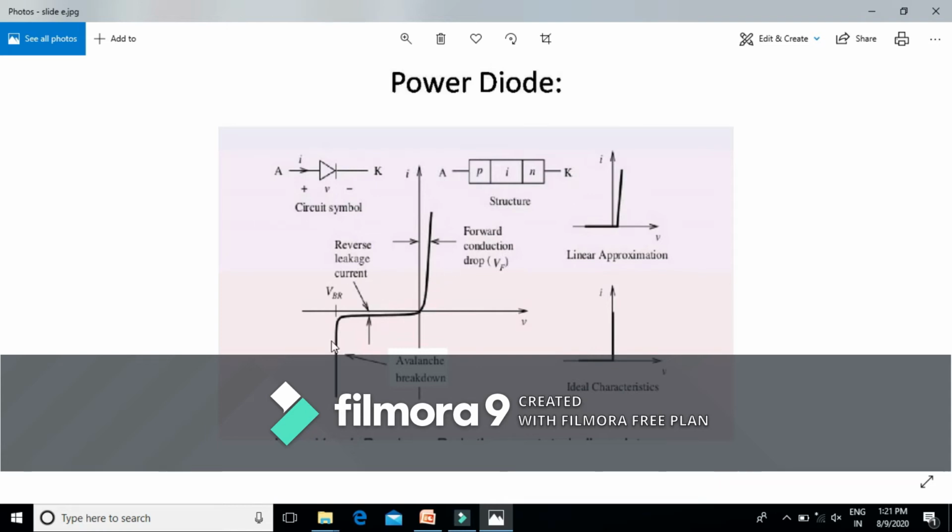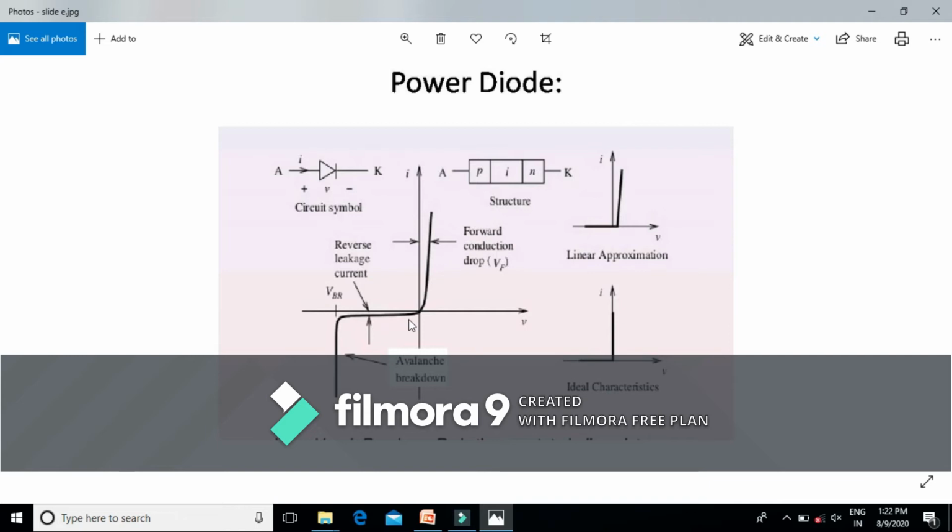Now the reverse characteristics: if the cathode is made positive with respect to the anode, that means the diode is reverse biased, a small amount of leakage current flows, and the diode behaves as an open circuit, or you can say the diode is turned off. But this diode has some voltage withstand capability.